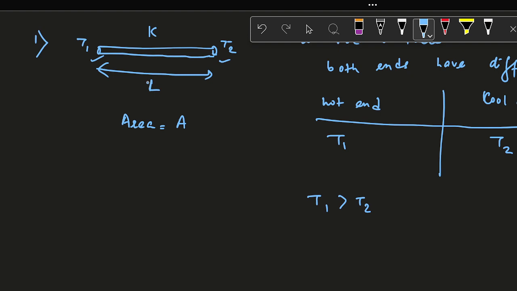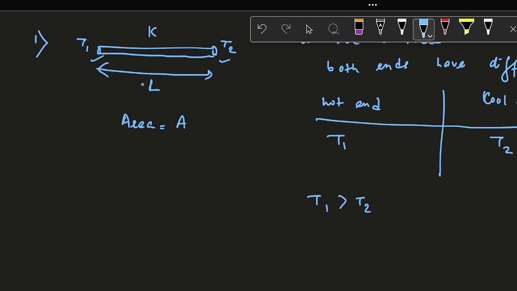So what will happen if you leave the rod in this condition? The basic idea is that both ends are at different temperatures, so nature's tendency will be to exchange heat between the two ends so that the total rod's temperature reaches an equilibrium.